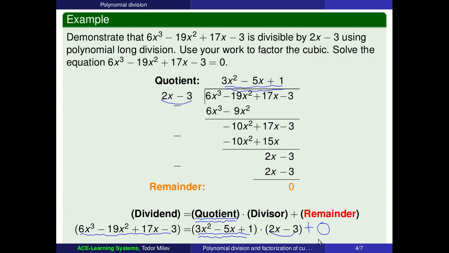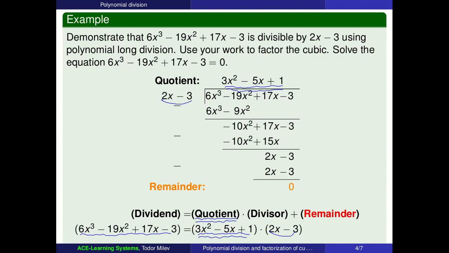But we were lucky and the remainder was 0. So 0 can be omitted. We were lucky and we got no remainder. So because of that, we have in fact achieved a factorization of our cubic. We have managed to represent our dividend as the product of the quotient and the divisor.